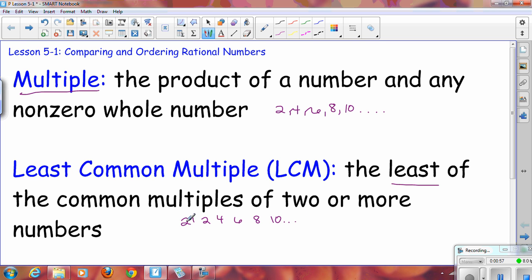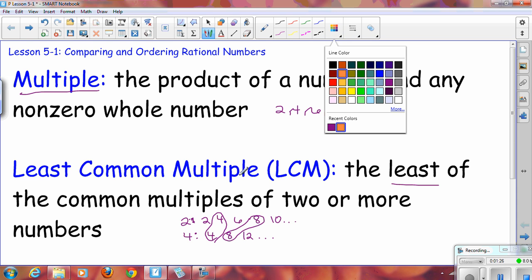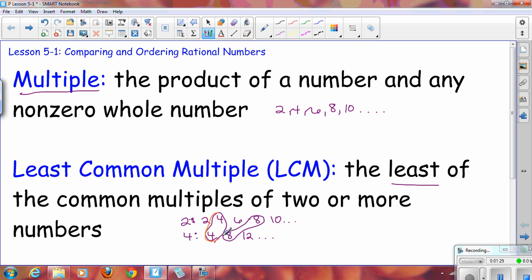The multiples of 4 are 4, 8, 12, and so on. And you'll notice that the multiples of 2 and the multiples of 4 have more than one number in common. The least common multiple would be 4, because it is the smallest number that they have in common.